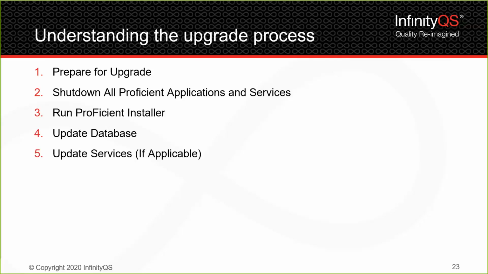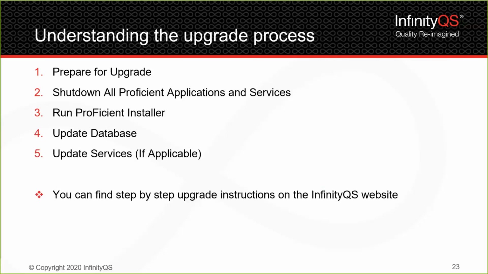And then we'll talk about updating the services if you have services. And again, quick tip here, you can find the step-by-step upgrade instructions on the InfiniQS website. So if you do want to know the step-by-step, you can always refer to that. Again, give our tech support team a call if you need to know exactly how to get to those documents.